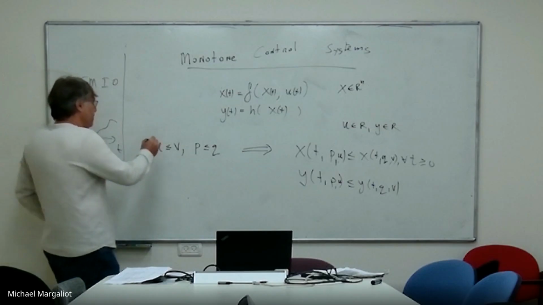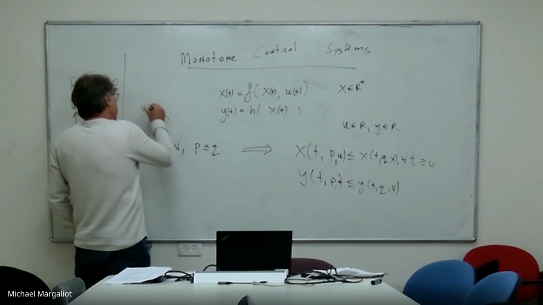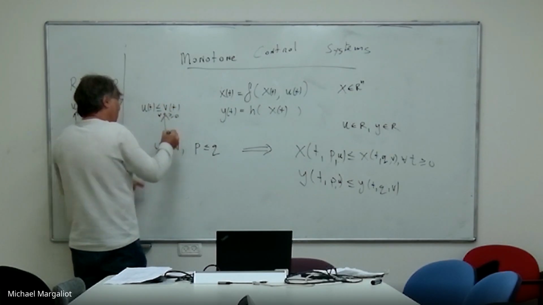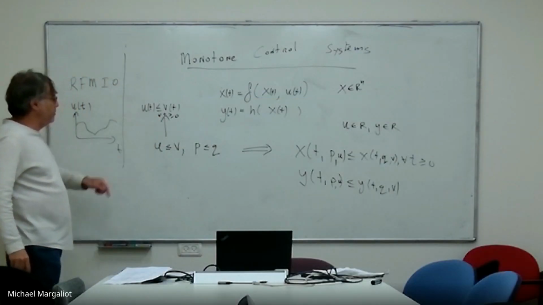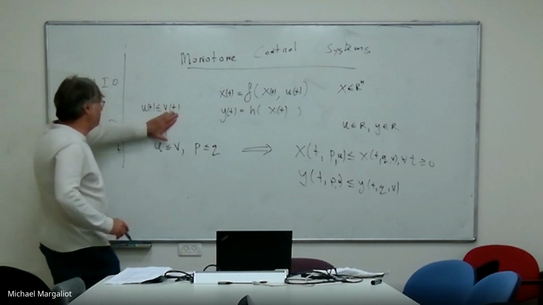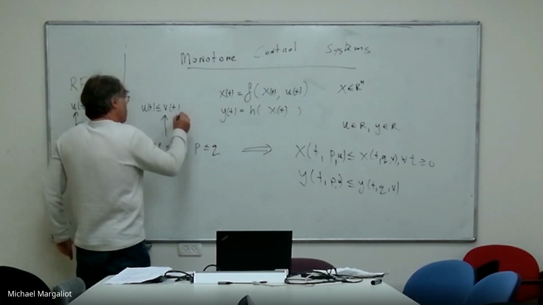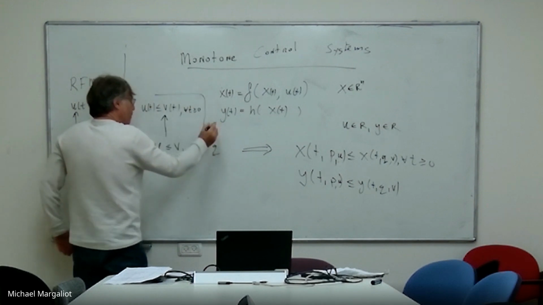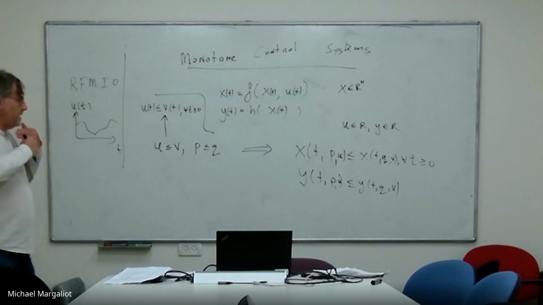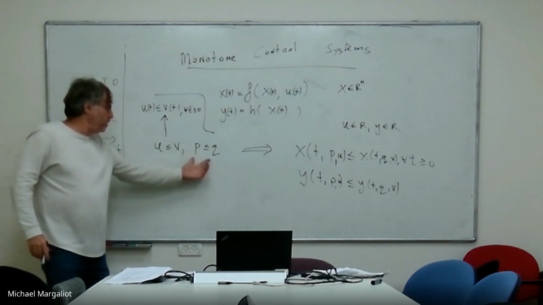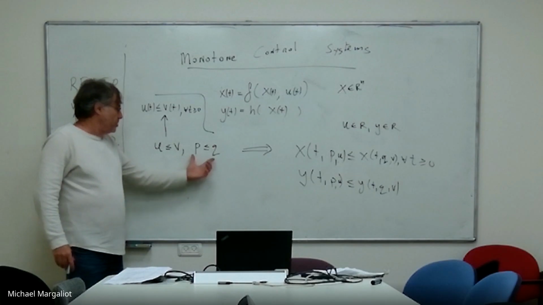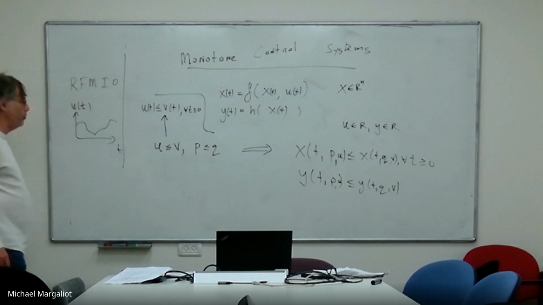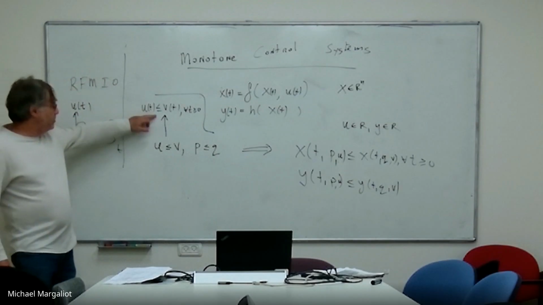So how to define this? Well, it's very simple. We say that the two controls are ordered if this holds for any time t. So for any time t, we have to impose now an ordering on the controls. Why? Because we want things to be ordered, but now things depend on the control. Earlier, they only depended on the initial condition. So we took ordered initial conditions. Now we also take ordered controls and we have to define an ordering. So this is the ordering.